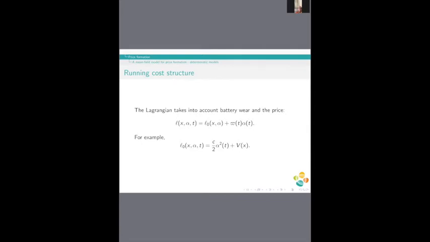Maybe you have some decay or some costs in storage, and these are encoded in this potential. And if you put these things together, then your cost in this example would be the price times the trading rate, maybe something that encodes wear and tear, maybe something that encodes wear and tear based on the charge.